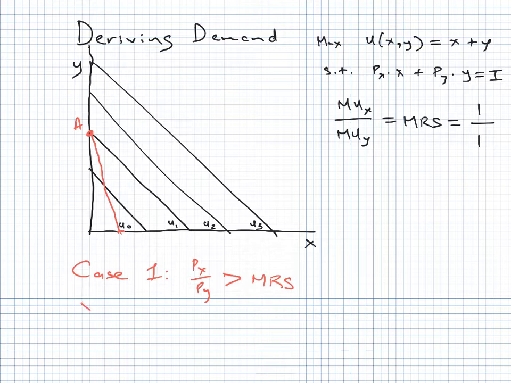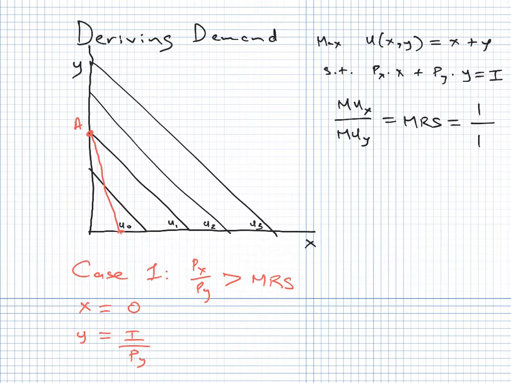And at bundle A, the consumer is choosing 0 units of good X, in other words, 0 cans of Diet Dr. Pepper, and what they're doing instead is spending all of their income on good Y, in other words, Diet Coke. So we just need a mathematical expression for how we would write down spend all of your income on good Y. And we can ultimately write that down in the following way.